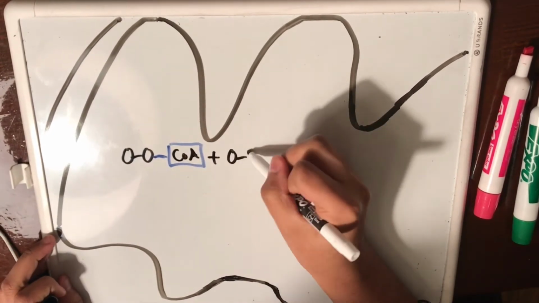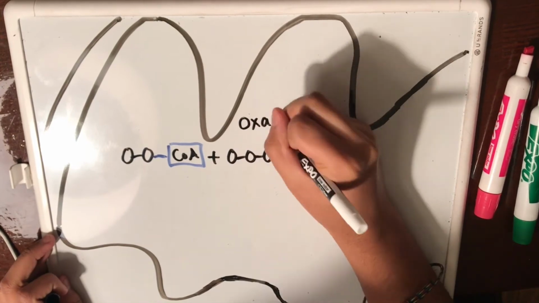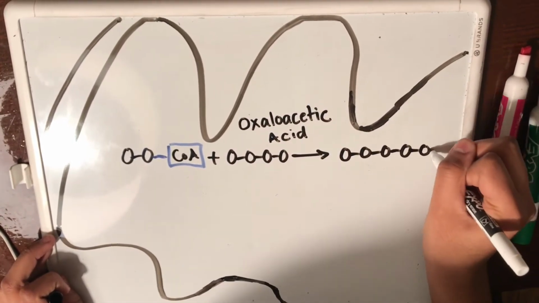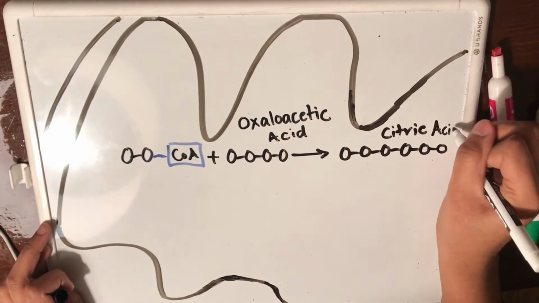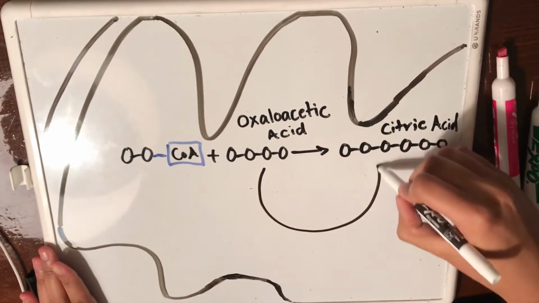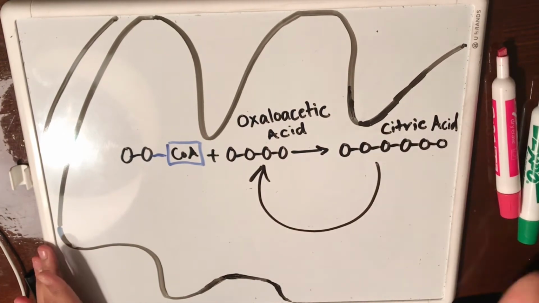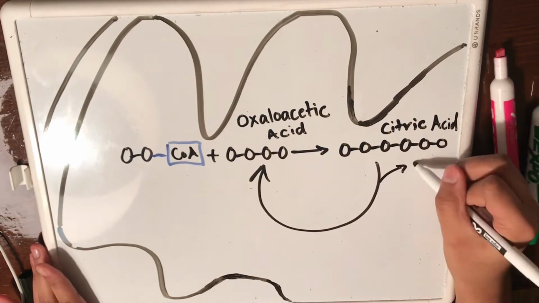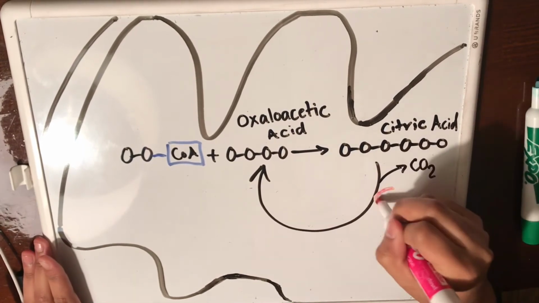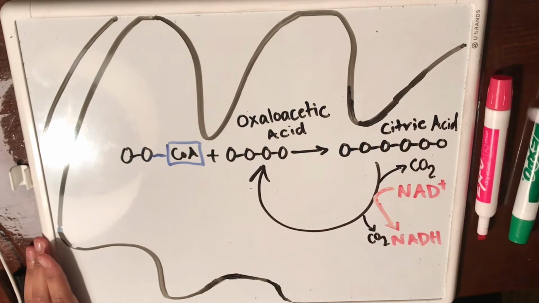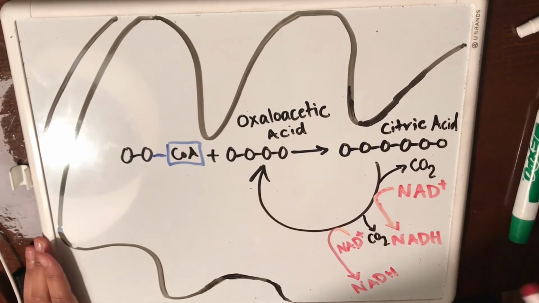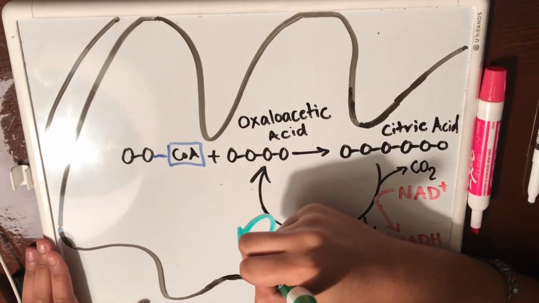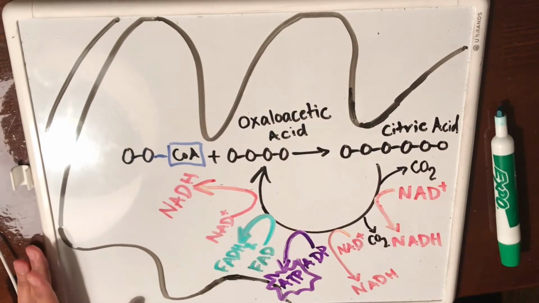Acetyl-CoA is now catalyzed by enzymes and combines with the 4-carbon compound called oxaloacetic acid to form the 6-carbon compound citric acid. Through a series of steps, citric acid is then oxidized until it becomes oxaloacetic acid again. During this oxidation process, CO2 is formed from the 2 carbons that citric acid loses in addition to the reduction of NAD+ to become NADH, the reduction of FAD to become FADH2, and the creation of ATP from ADP.